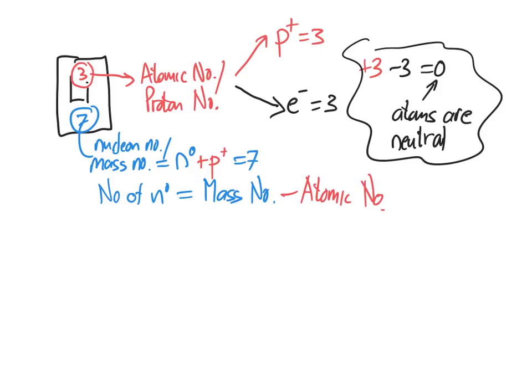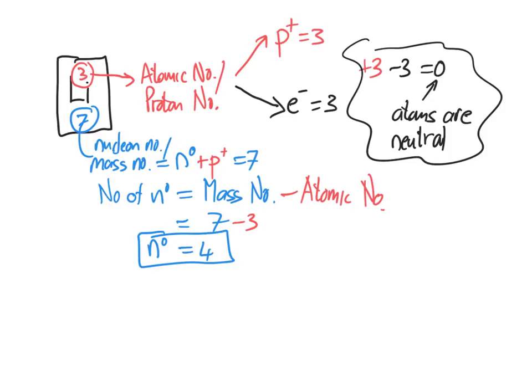We get that the number of neutrons is 7 minus 3, which gives us 4. So that's the number of neutrons. And a simple way of remembering this is that to determine the number of neutrons, you take the big number and you subtract the small number. So it's a bit of a recipe-ish way of remembering it, but it's the mass number minus the atomic number gives us the number of neutrons.